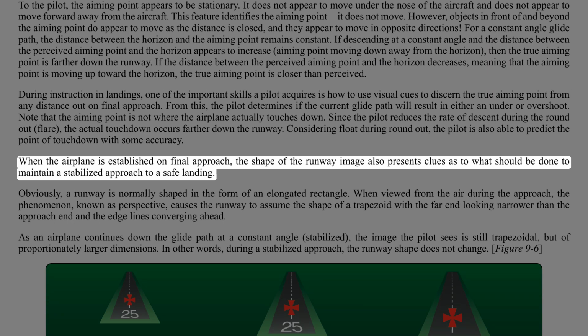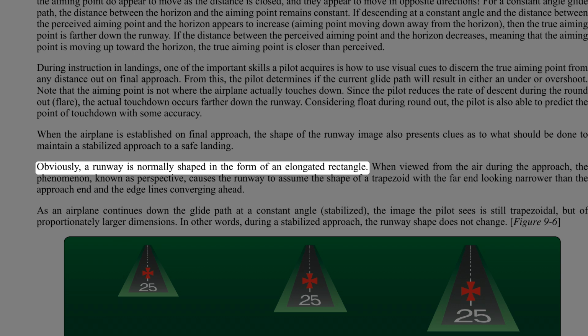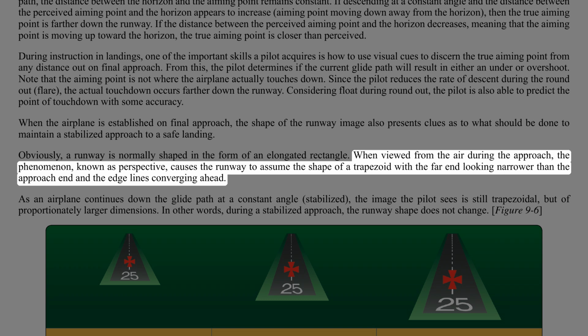When the airplane is established on final approach, the shape of the runway image also presents clues as to what should be done to maintain a stabilized approach to a safe landing. Obviously, a runway is normally shaped in the form of an elongated rectangle. When viewed from the air during the approach, the phenomenon, known as perspective, causes the runway to assume the shape of a trapezoid with the far end looking narrower than the approach end and the edgelines converging ahead.